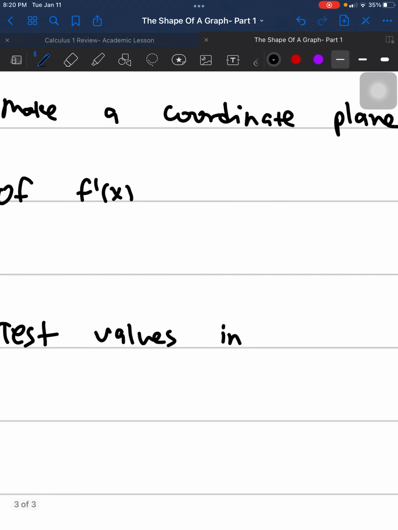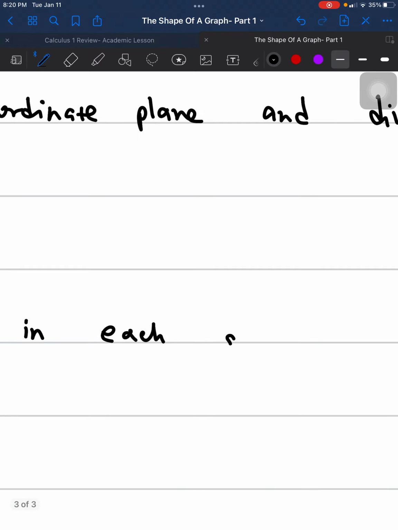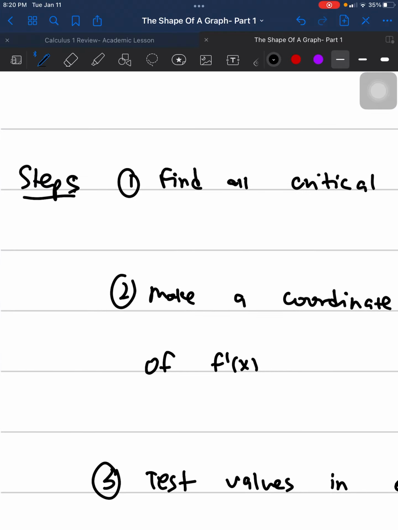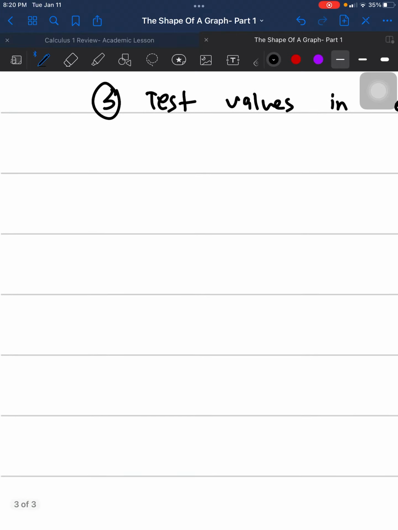So after we do that, the third step would just be to test values in each subregion. Let's actually do an example to show this.